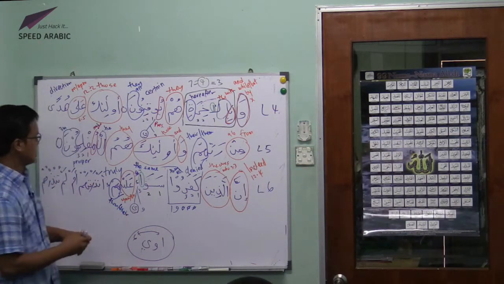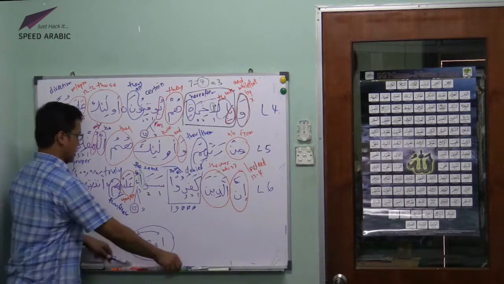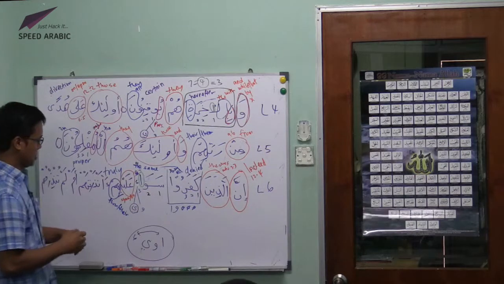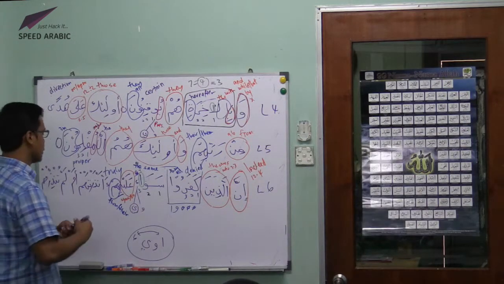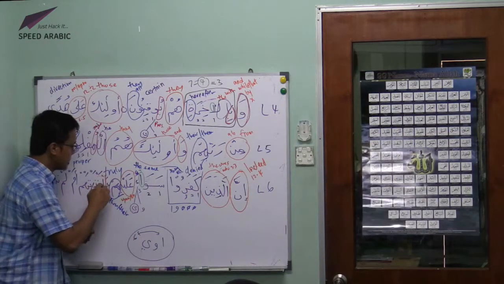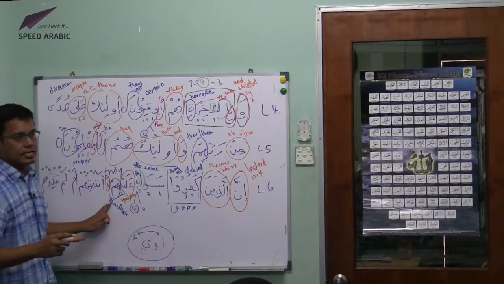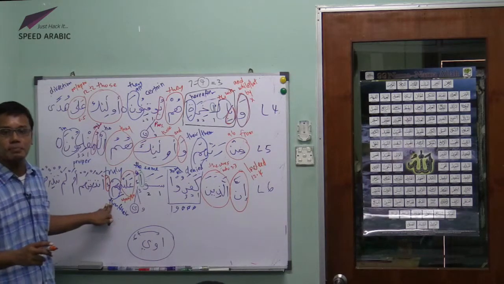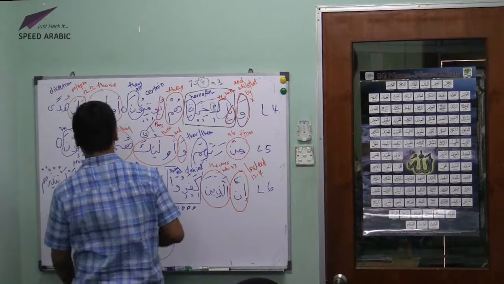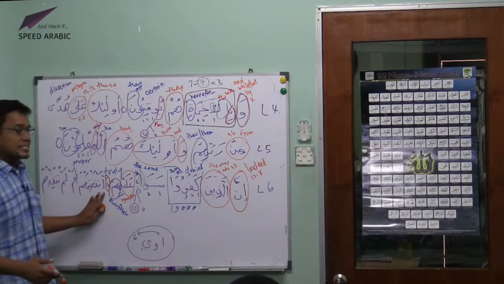Okay, next. This one I was quite confused because of two hamzas. So the first one I put as is or to. Alright, good. So the first hamza is the particle, which is purple for you all, correct? Okay, and then the next one.